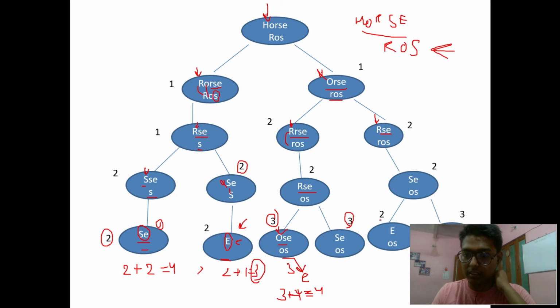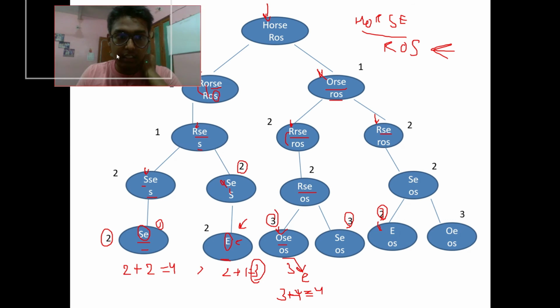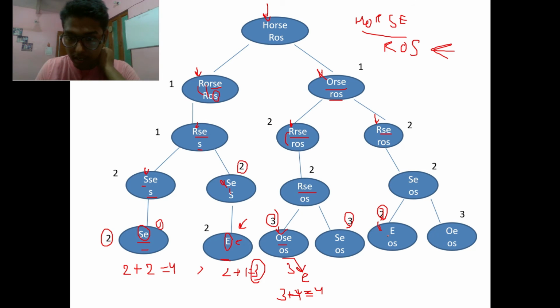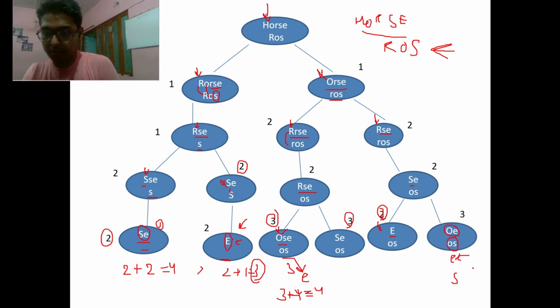In this case, either I can remove the character E, or I can remove the character S, or I can replace the character S with O. After replacing S with O, we have OE and OS. So O matches, we are left with E and S, and after replacing E with S, we will have four steps.